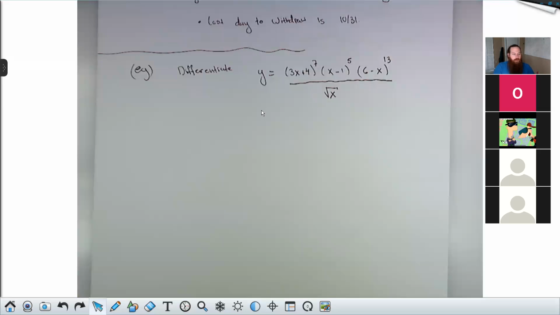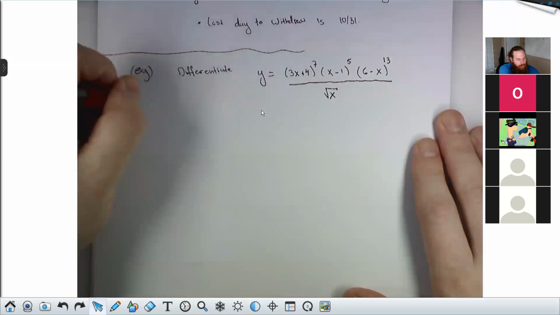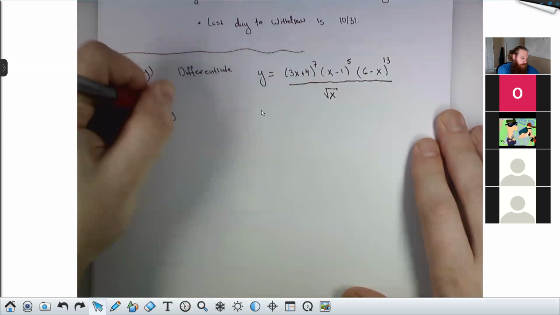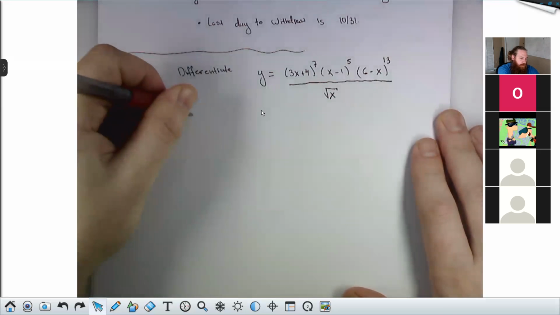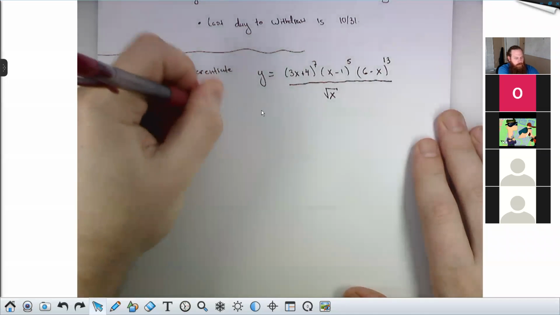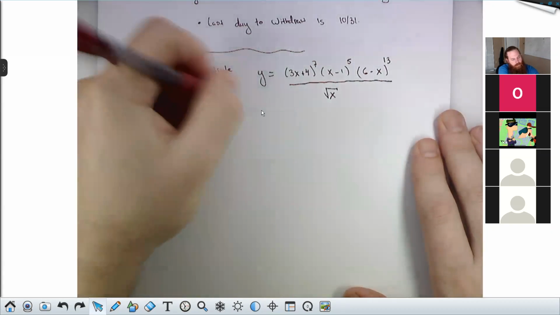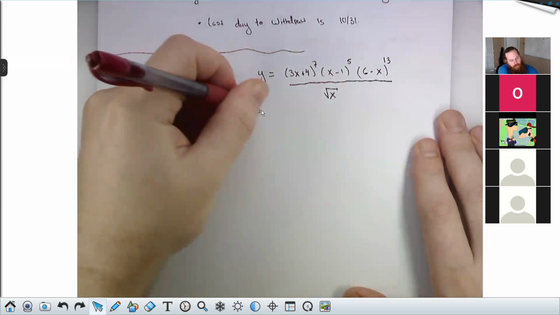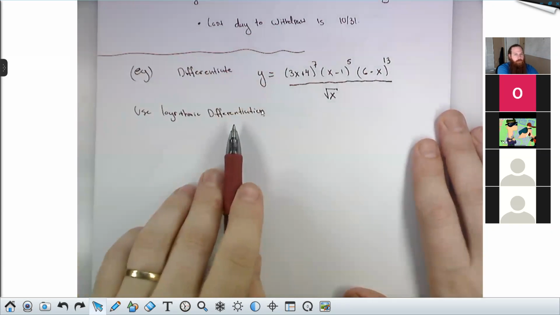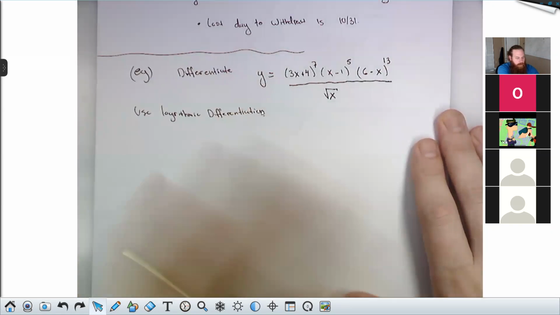Yeah, we can differentiate logarithmically. And this will get us out of using even the product rule. We don't need any of that stuff.